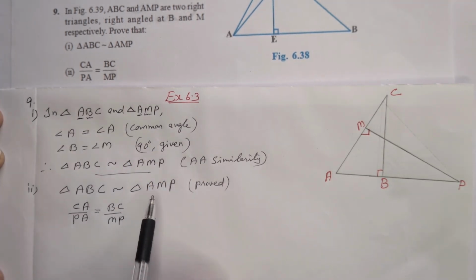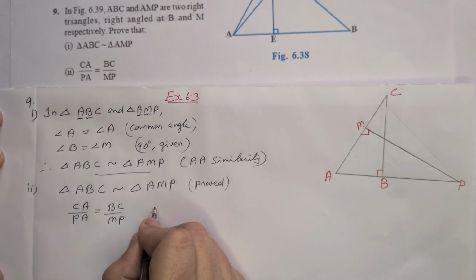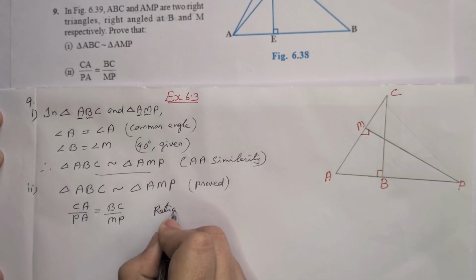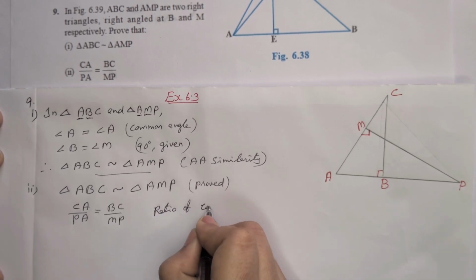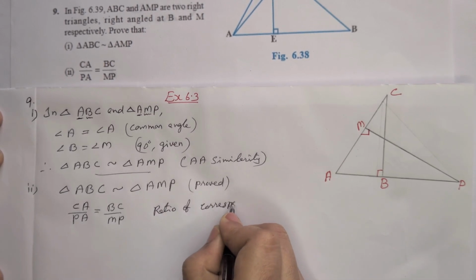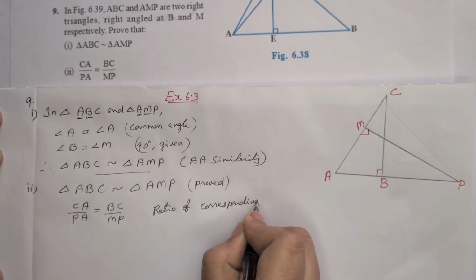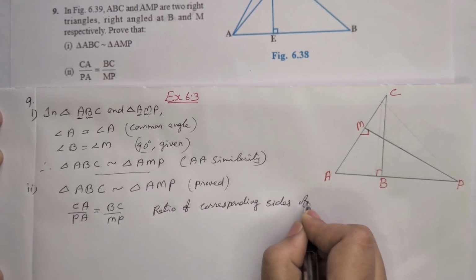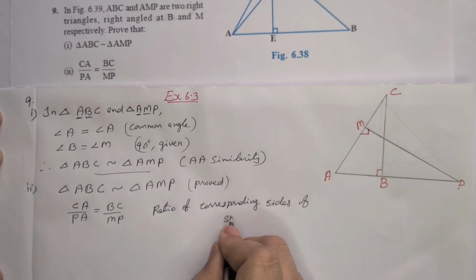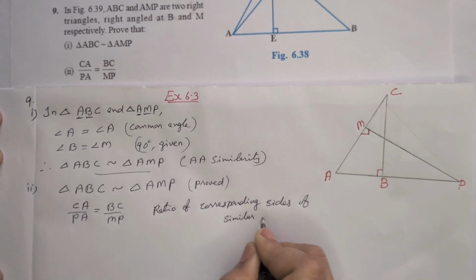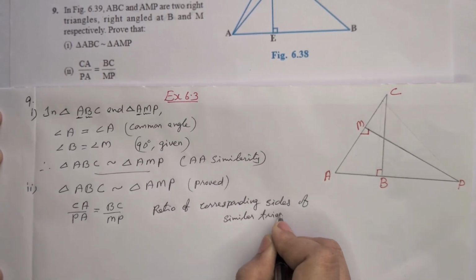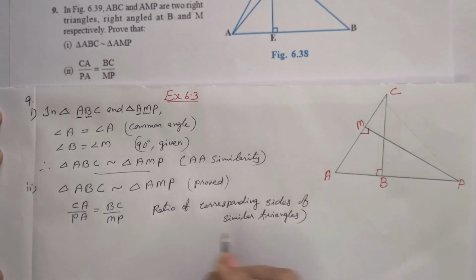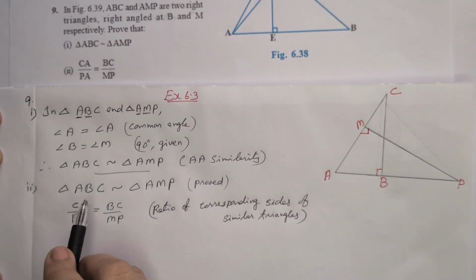The reason is the ratio of corresponding sides of similar triangles.